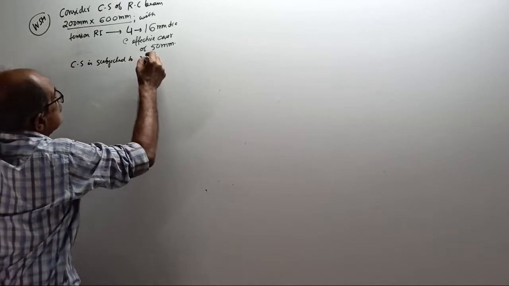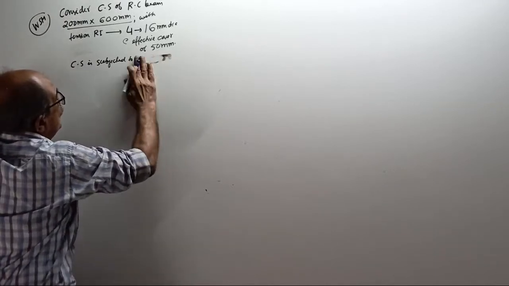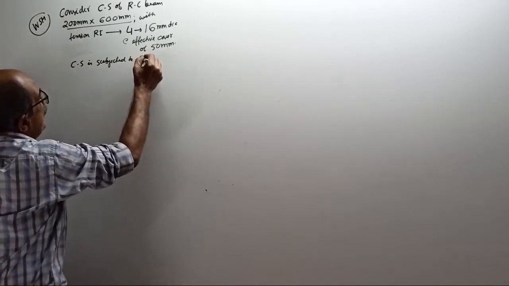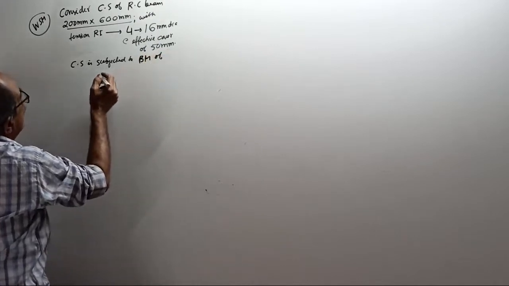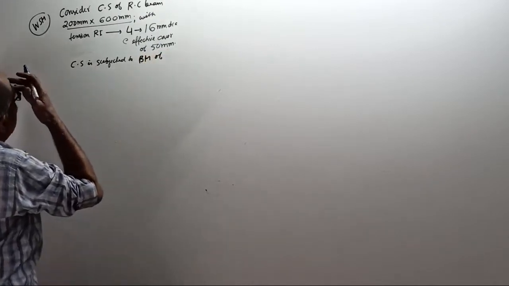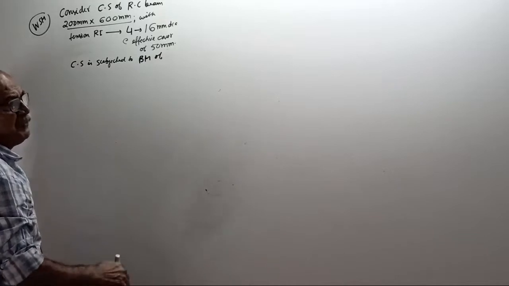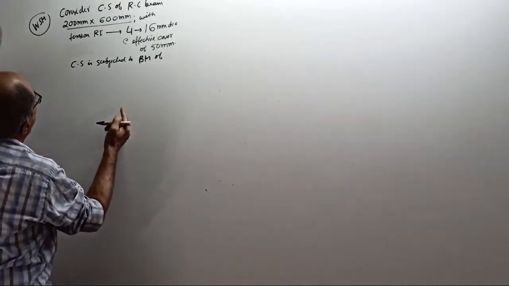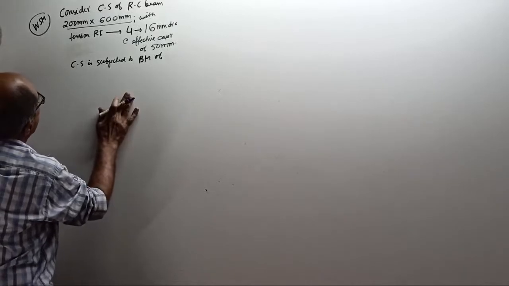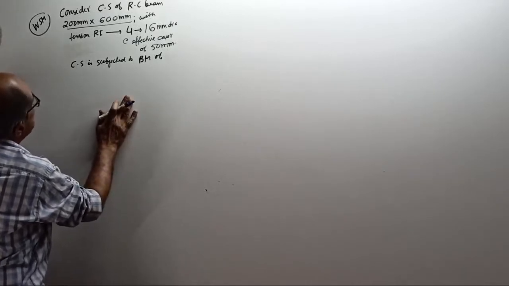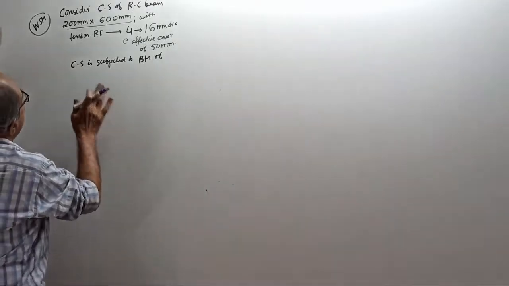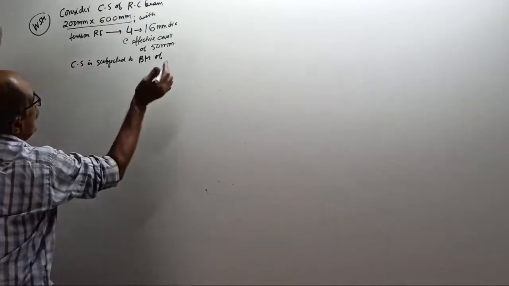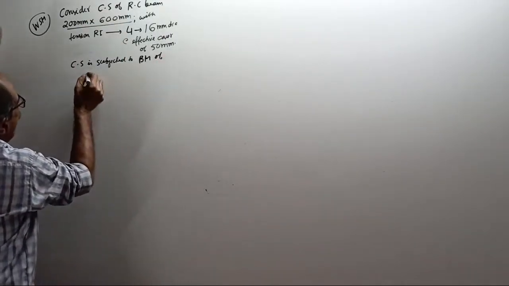Subjected to sagging BM of how much? I think this beam can resist a bending moment of around 55, 56. With M20 concrete and Fe415 steel, it can have a moment of resistance of around 60, 70 kilonewton meter. Don't worry, I will apply a lesser bending moment of 50 kilonewton meter.